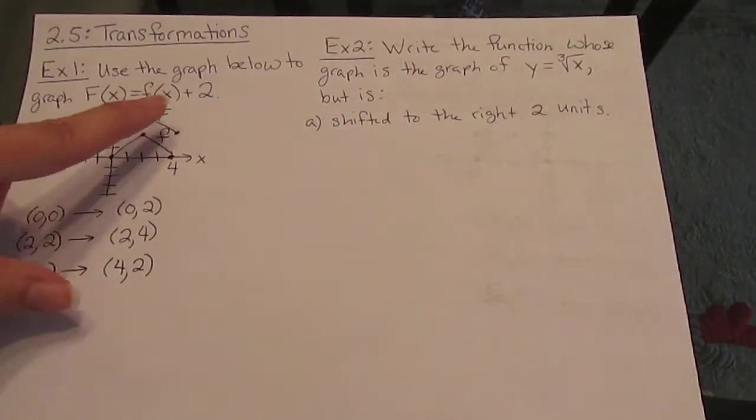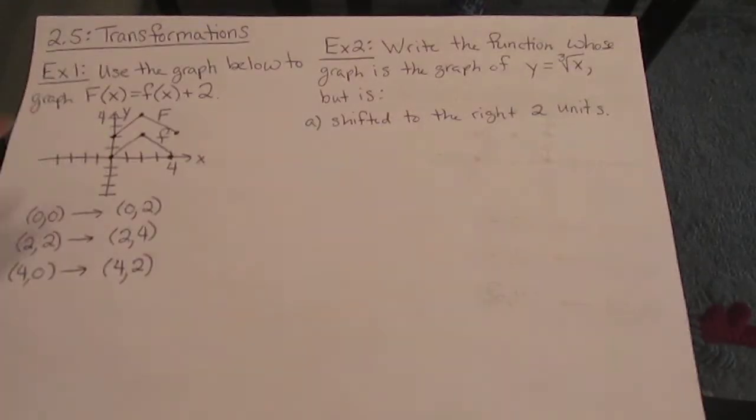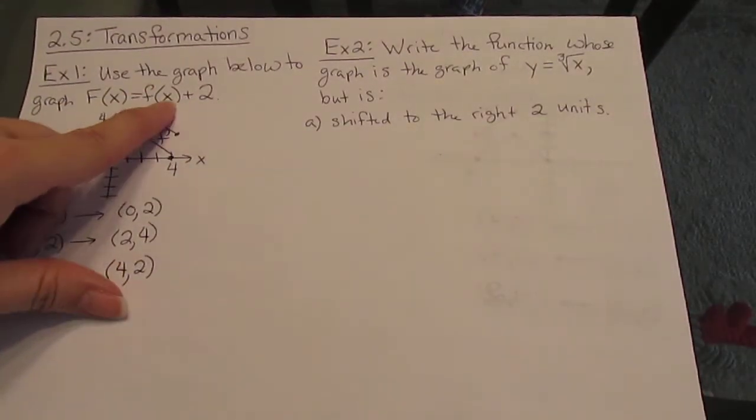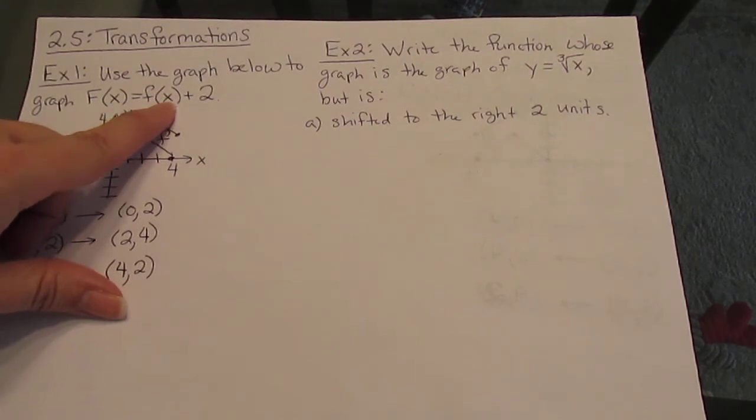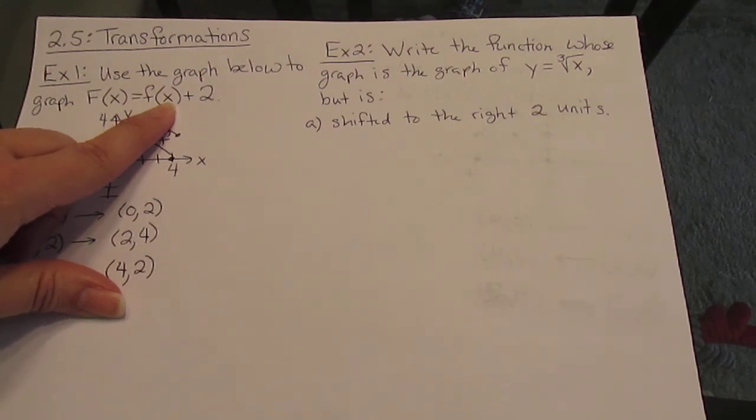Like we had in this first one, if it's added or subtracted to the left side, that moves the graph up or down. If it were added or subtracted to just the x variable in the problem, that's what moves the graph left and right. And it's actually the opposite of what you think. If it's x minus something, then it's going to move it to the right.